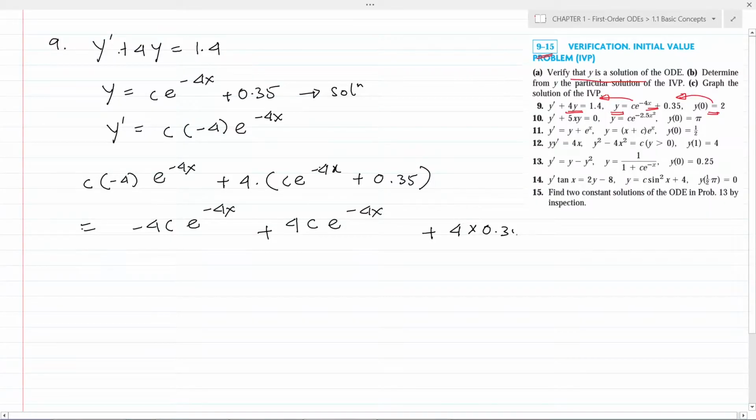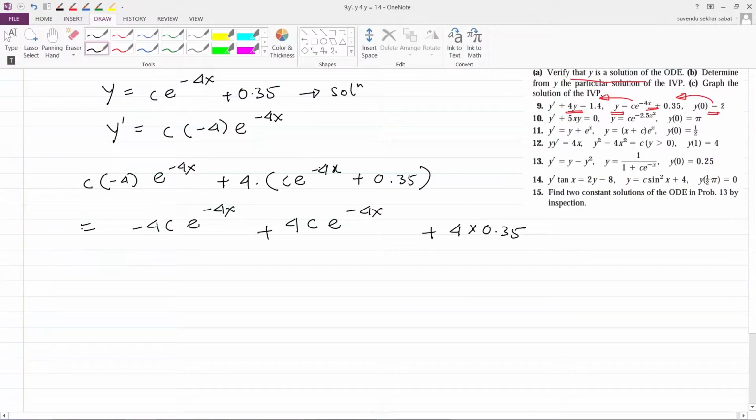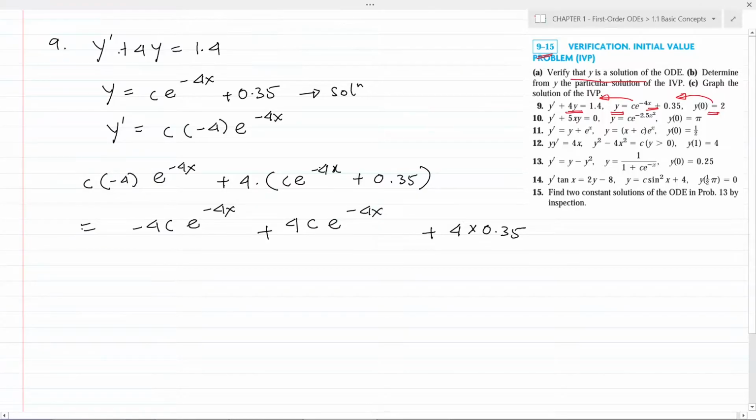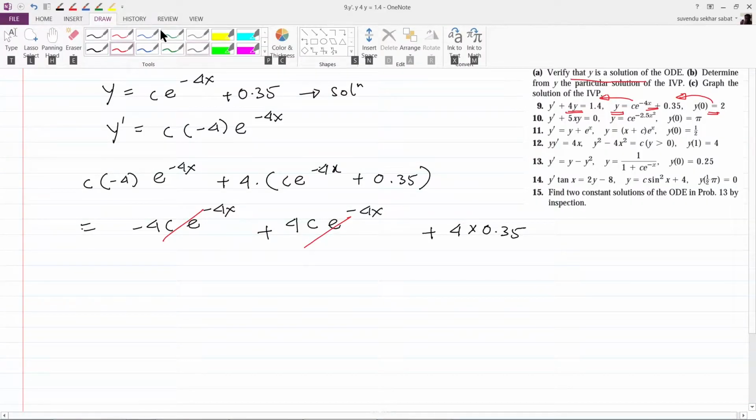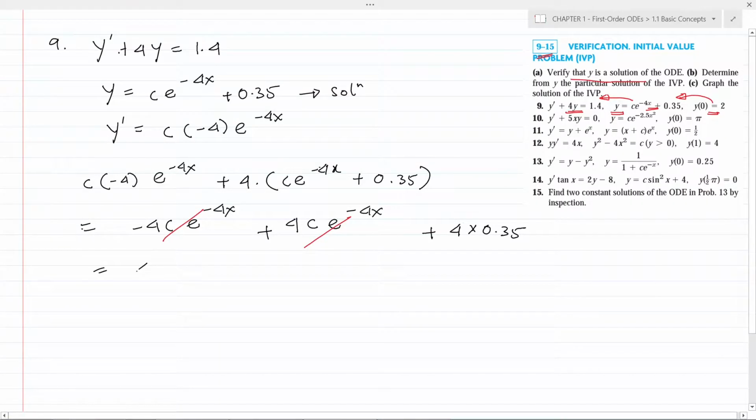These two terms cancel out and we get 4 multiplied by 0.35, which is equal to 1.4, which satisfies the original equation. So we have verified that y is a solution of the ordinary differential equation.